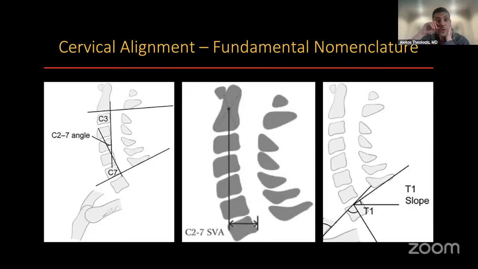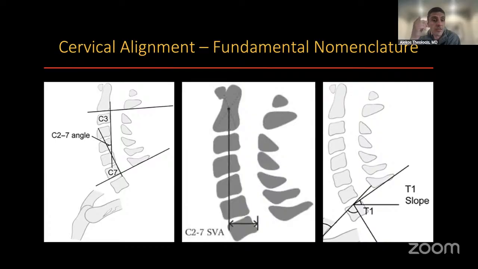Yeah. So to the C2-7 SVA point first, this image is not actually truly accurate. It's not drawn from the back corner of the posterior. It's more the superior posterior corner. That's problem number one. Number two is the point in the C2 body. There are a lot of different areas that it can be measured from.